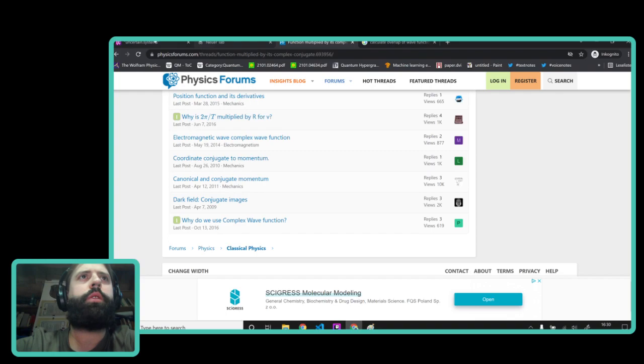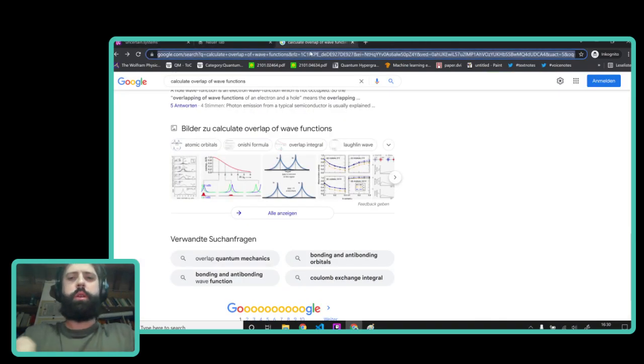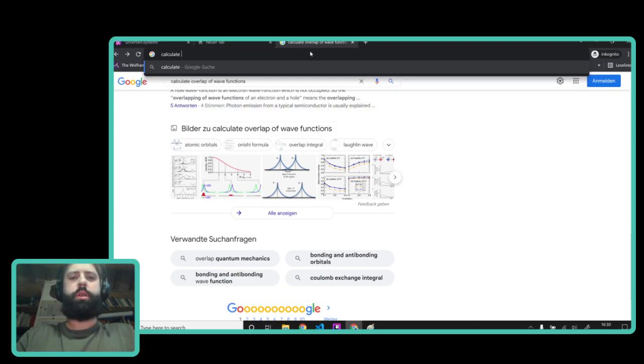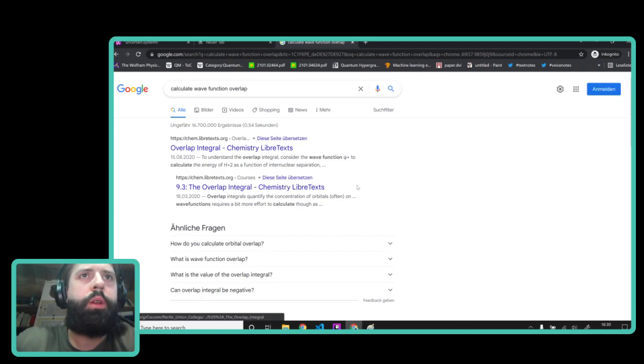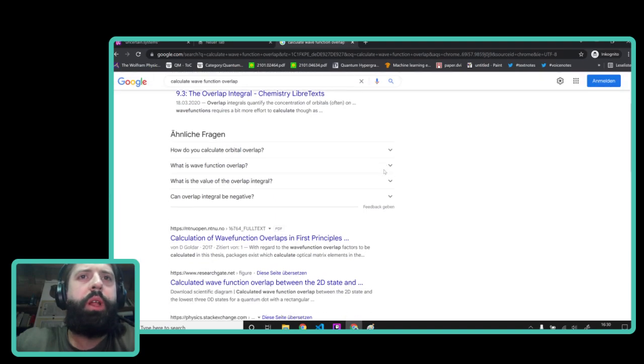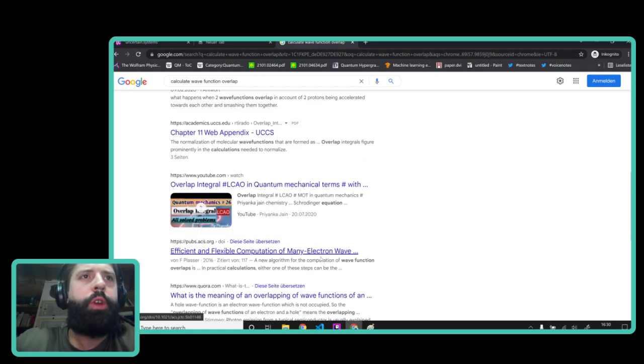So I don't know how to look for this. Calculate wave function overlap. This seems to be the right question. Maybe overlap is the wrong way of phrasing it.